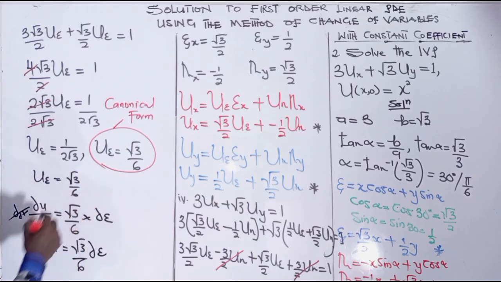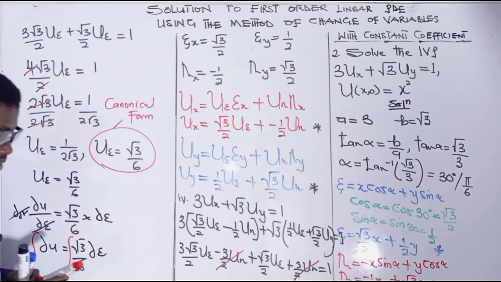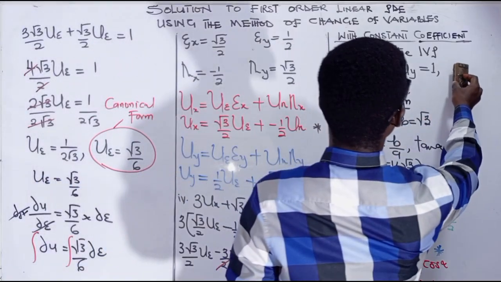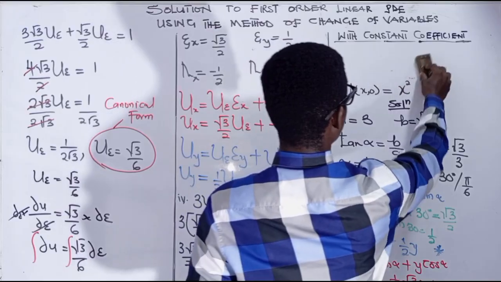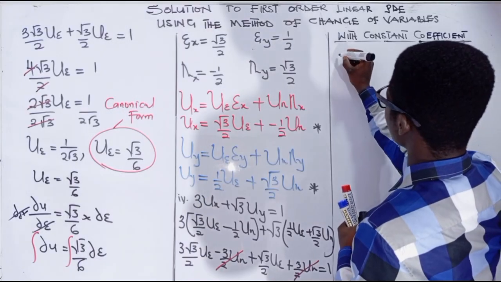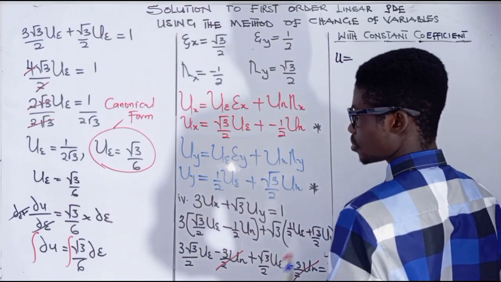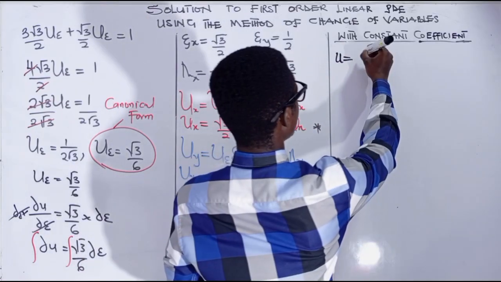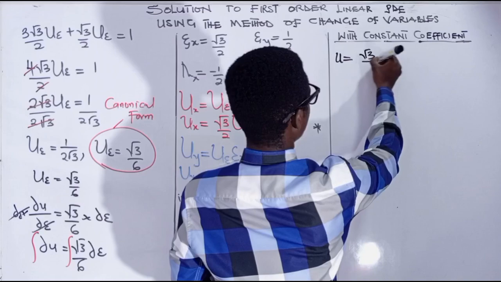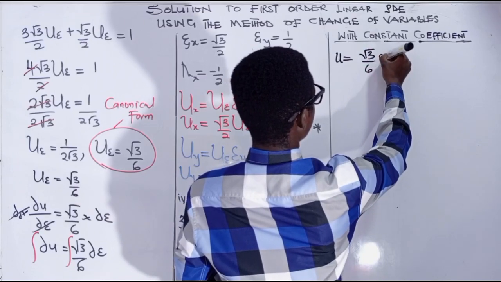Therefore, we can integrate both sides. We integrate u, we get u is equal to, when you integrate root 3 over 6 del xi, root 3 over 6 xi.